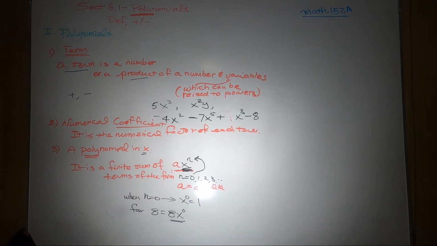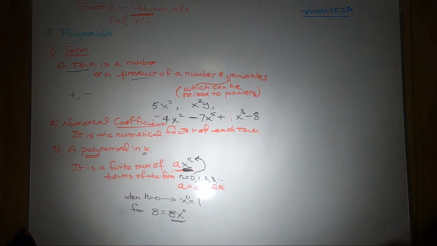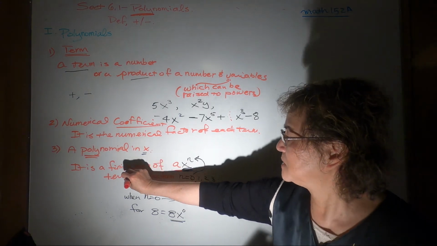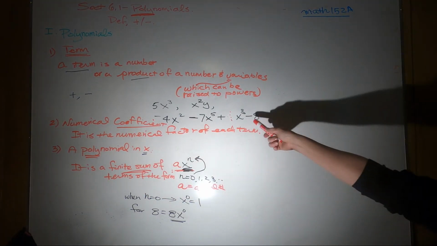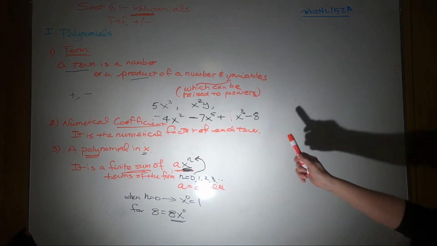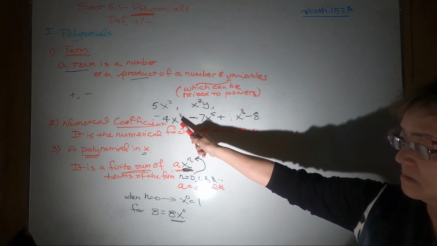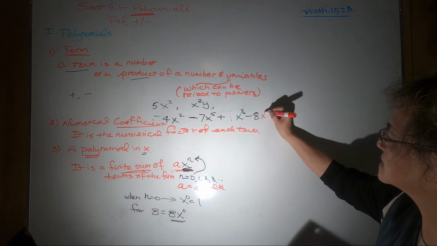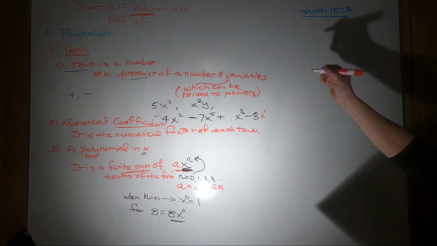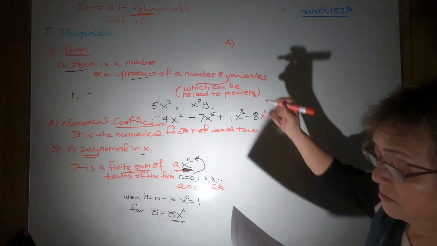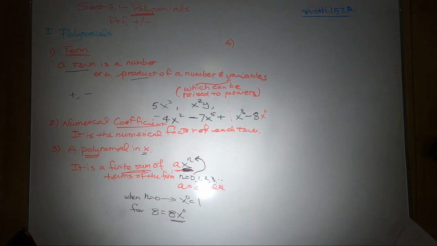Then finite sum means what? You add all of them together. Okay, like this, right? We have 4 terms, right? This one is like x to the 0 power. Okay. Then we say descending power for a poly, also called what?